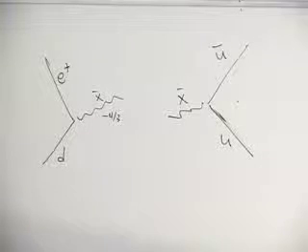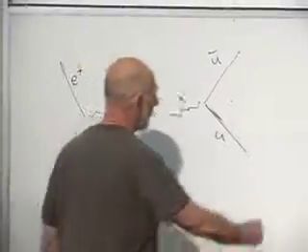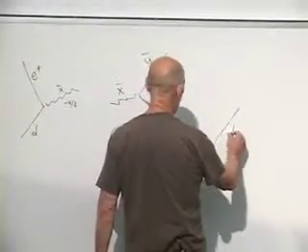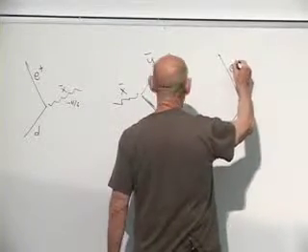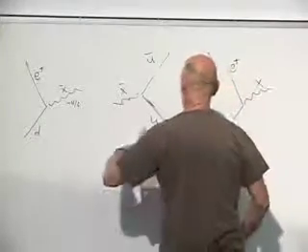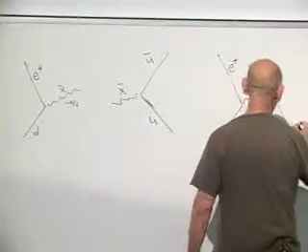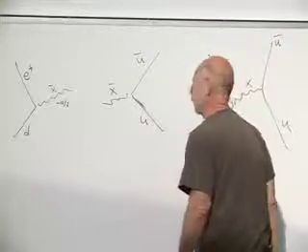Both of them are possible according to this theory. Let's put them together. We have a process in which a down quark becomes a positron, emits an X, and that X now grabs hold of a U quark, which then becomes an anti-U quark.